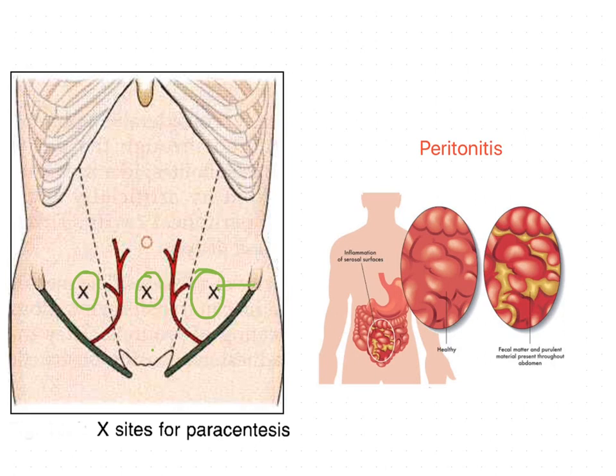These X marks are the puncture sites, to remove the excess fluid. So the procedure is called paracentesis. During this procedure the urinary bladder must be emptied.